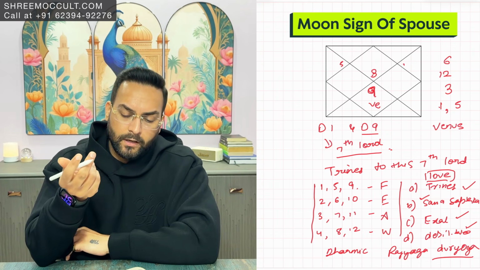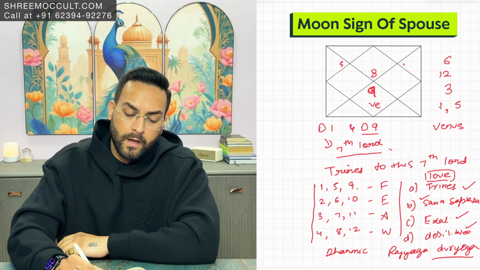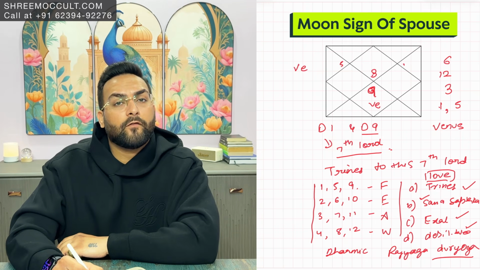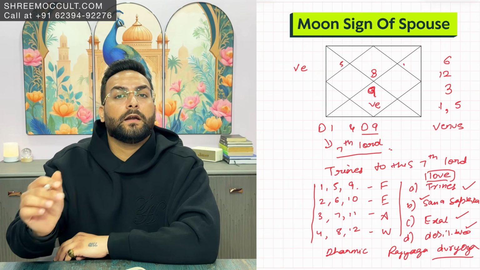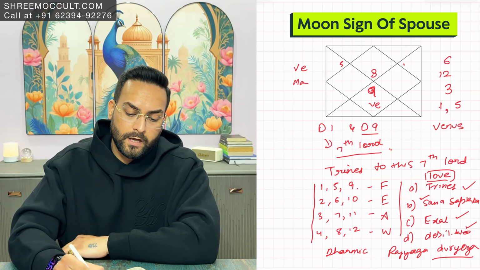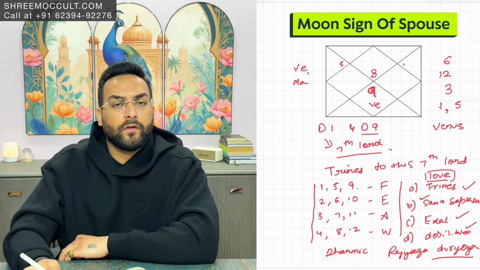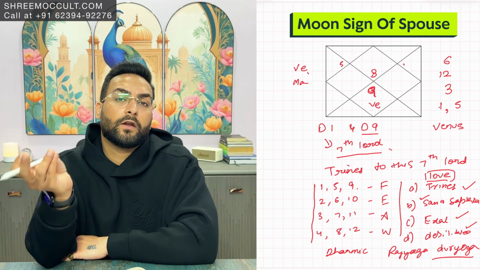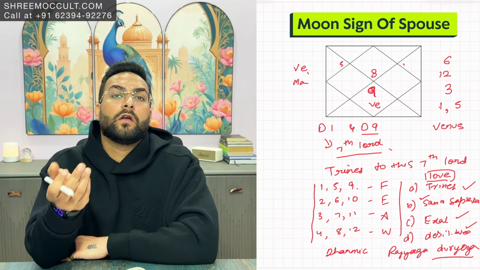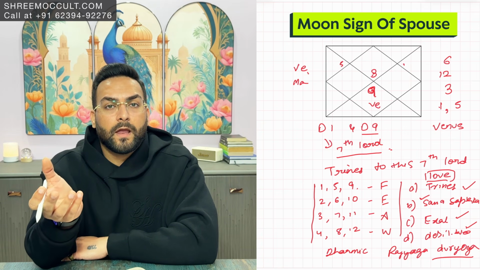Now, one thing you can also do is I'll give you another application. For men, you have to check Venus in your D9, and for women you have to check Mars. So you can check the trines to Venus. Now it is not necessary that your seventh lord would be Venus. It can be Mars, it can be Sun, it can be any other planet.